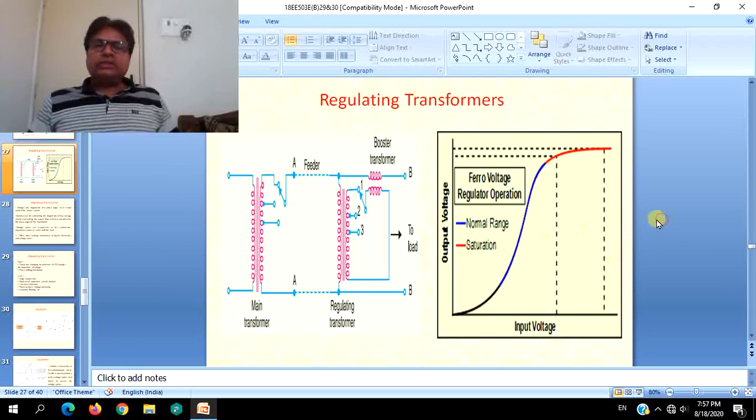So that is the actual action of the regulating transformer. It depends on choosing the proper rating of the saturation region of the ferro-resonant core.